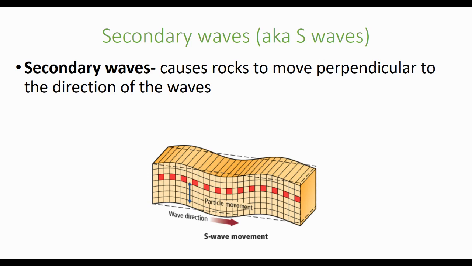These cause the rocks to move perpendicular to the direction of waves. So the wave direction is that way, but the S waves are going to move perpendicular to the wave motion. And these are slower than P waves. And so they are the second set of waves to be felt. And also that explains why they are called secondary waves.